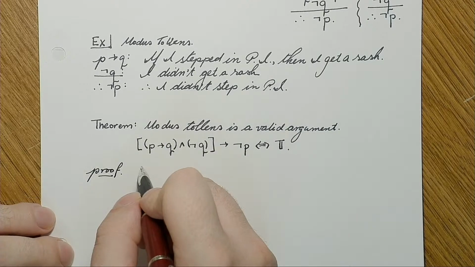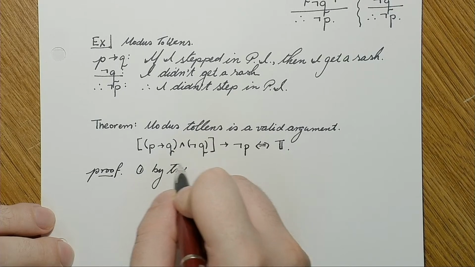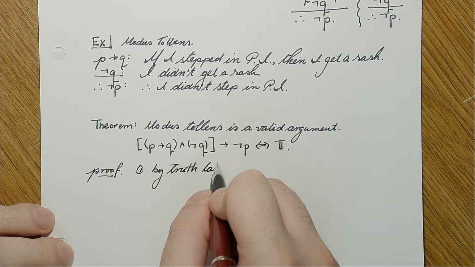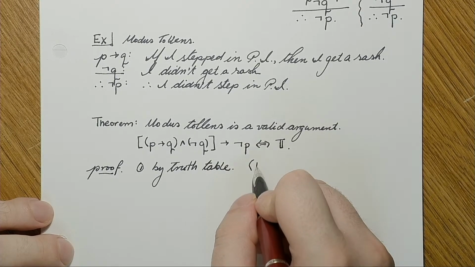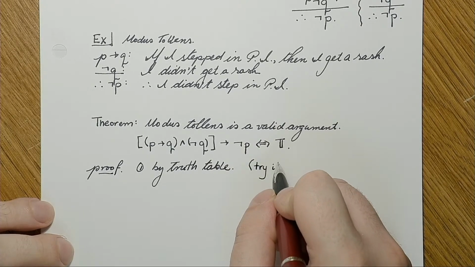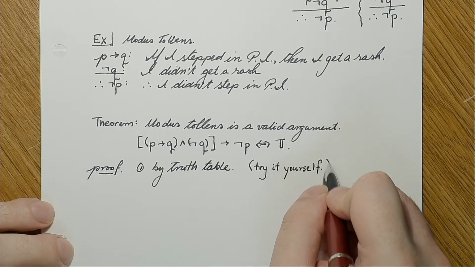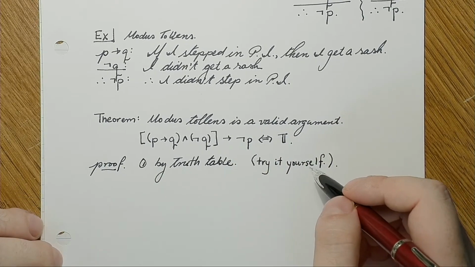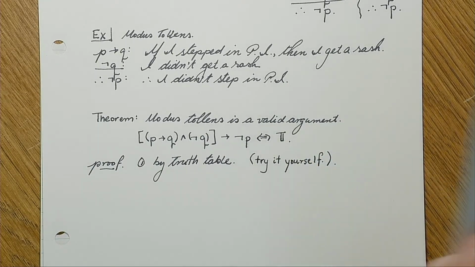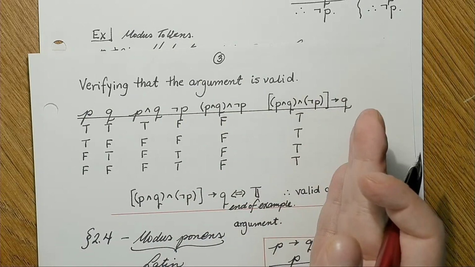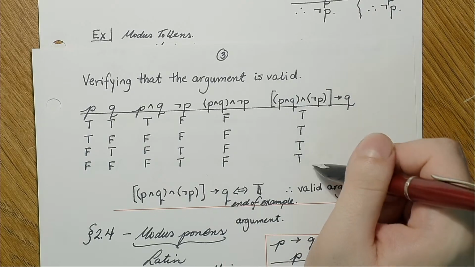You can prove it by a truth table. Try this yourself. It's very similar to what we had done previously. Set it up, and you should be getting all truths.